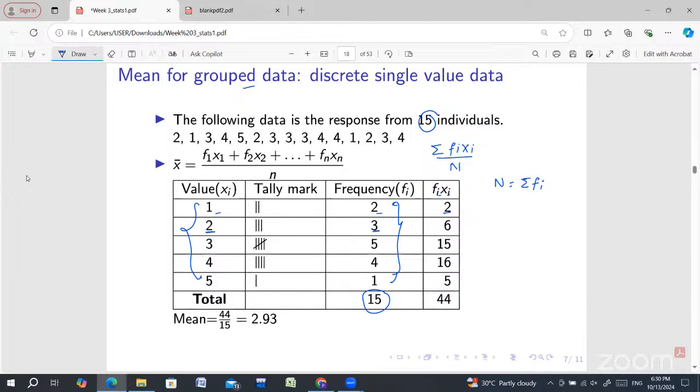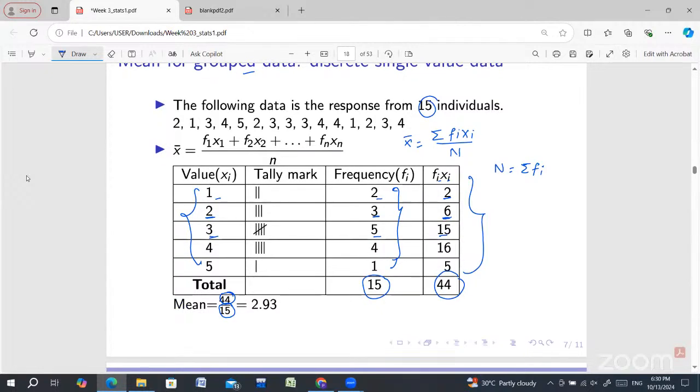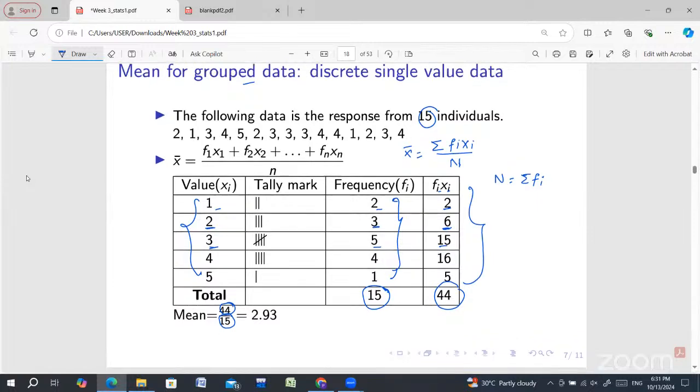So this is your formula. So summation of fi into xi is 44. Then we divide by total number of observations, which is 15. Or you can find it here also, summation of all the frequencies. So summation of fi into xi divided by the total number of observations will give you the mean for the group data.